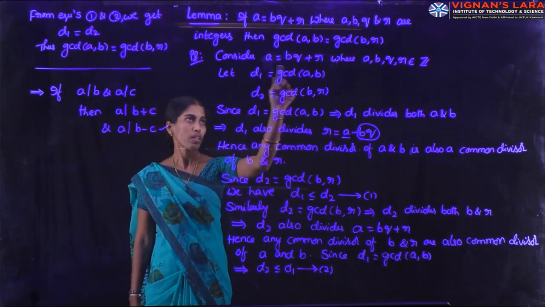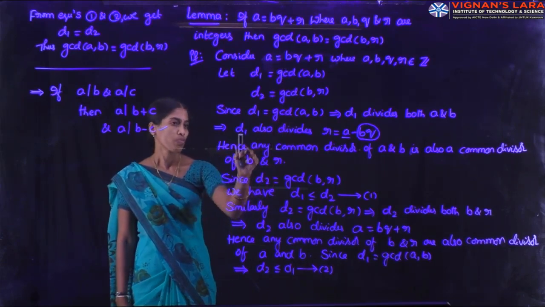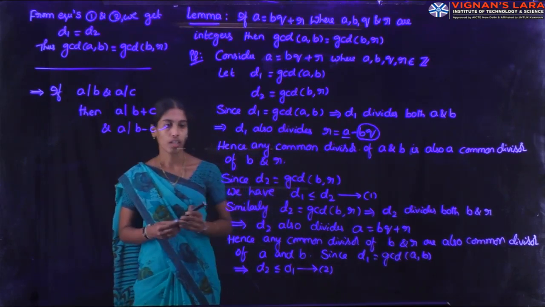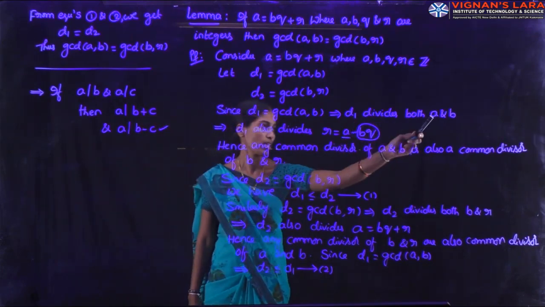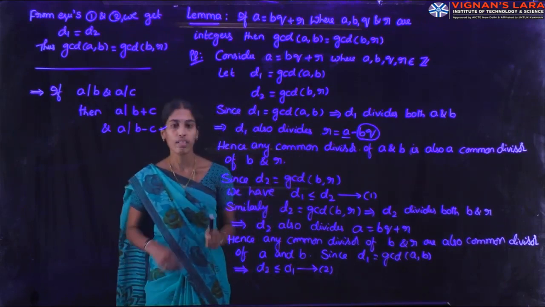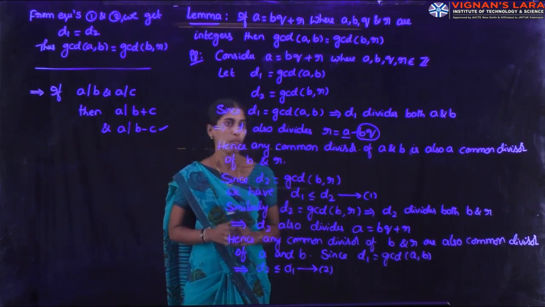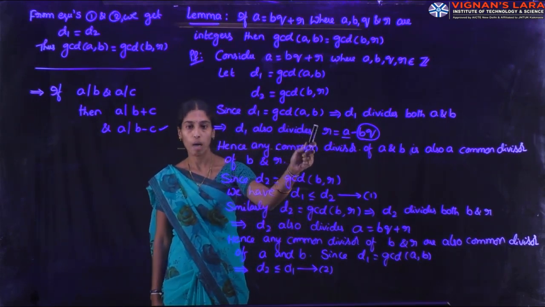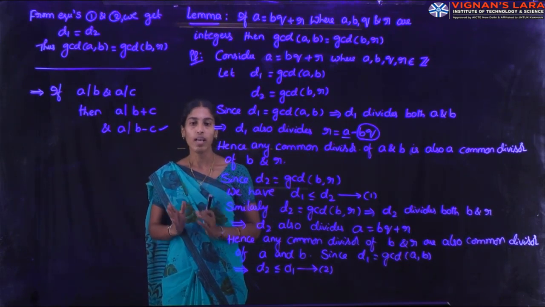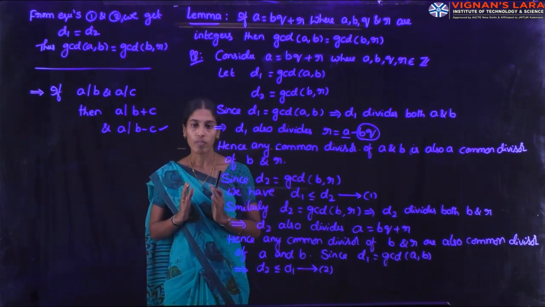From this statement, what is A minus BQ? A minus BQ is R. So D1 divides R, right? So here we already have D1 divides A and now we get D1 divides R. Hence any common divisor of A and B, because we started with D1 equal to GCD of A comma B, meaning D1 divides both A and B, but here we get D1 divides R. So what can we say from here?